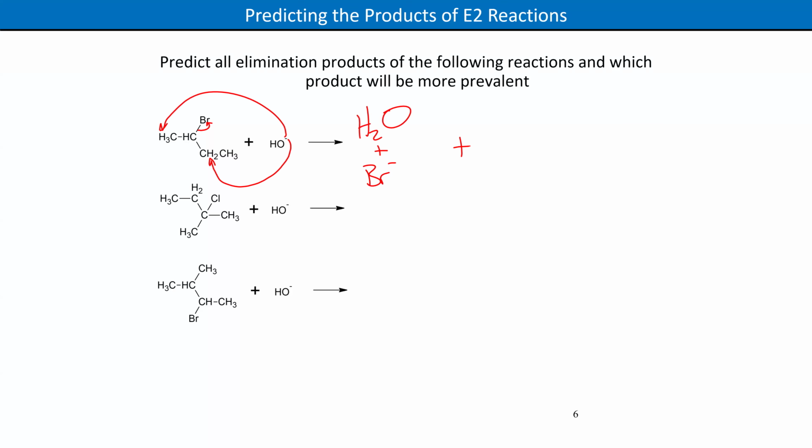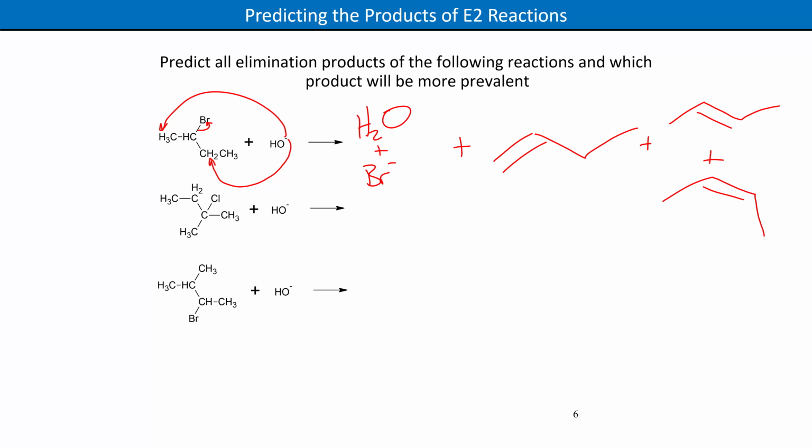And then we make two different possible products. We can either make 1-butene or 2-butene, which actually has two isomers.